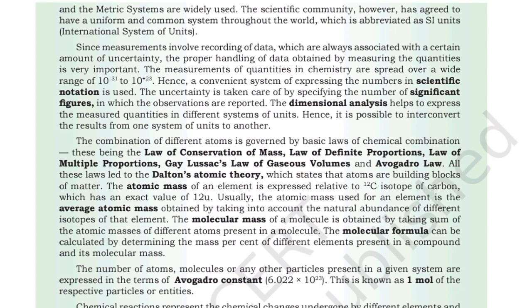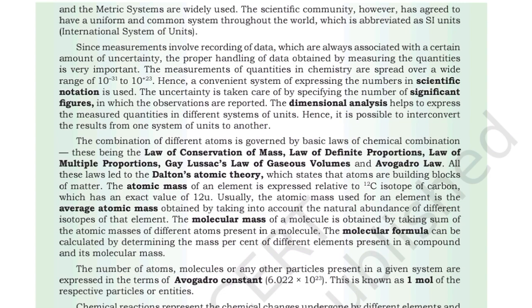The atomic mass of an element is expressed relative to C12 isotope of carbon, which has exactly the value of 12 u. Usually, the atomic mass used for an element is the average atomic mass, obtained by taking into account the natural abundance of every isotope of that element.